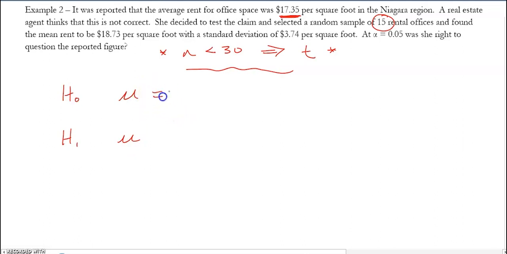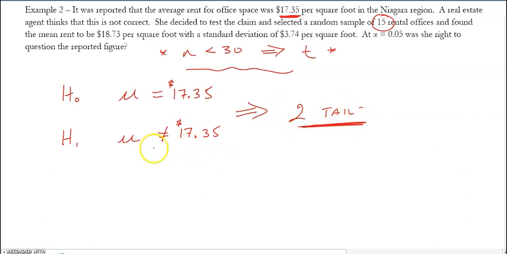So the mean either equals $17.35 per square foot, or it does not equal that value. Okay, so as a result, that means we have a two-tail scenario.